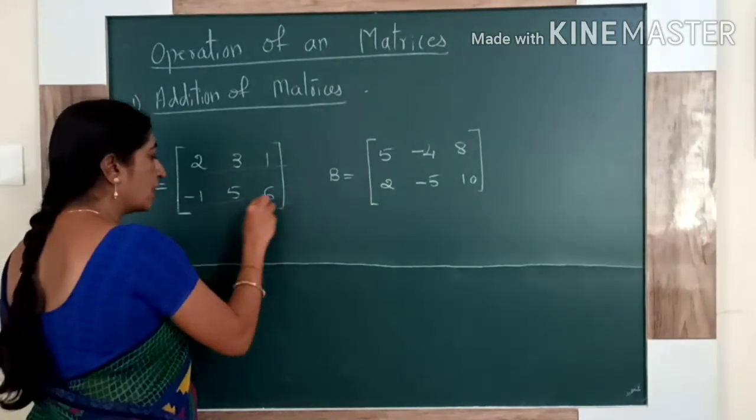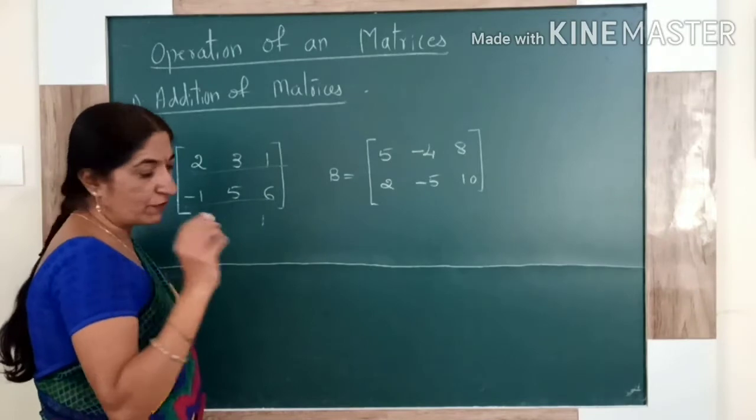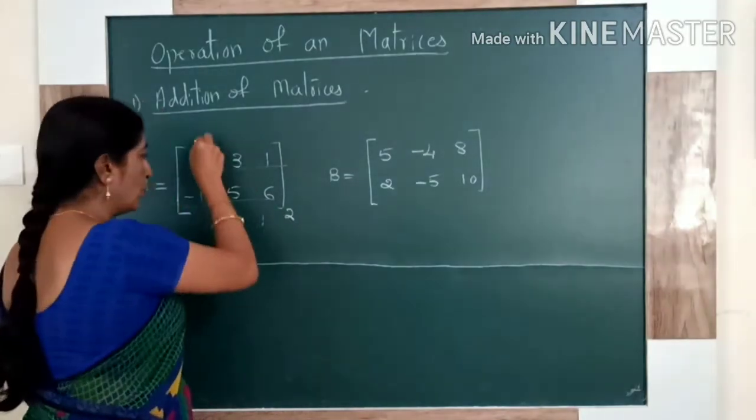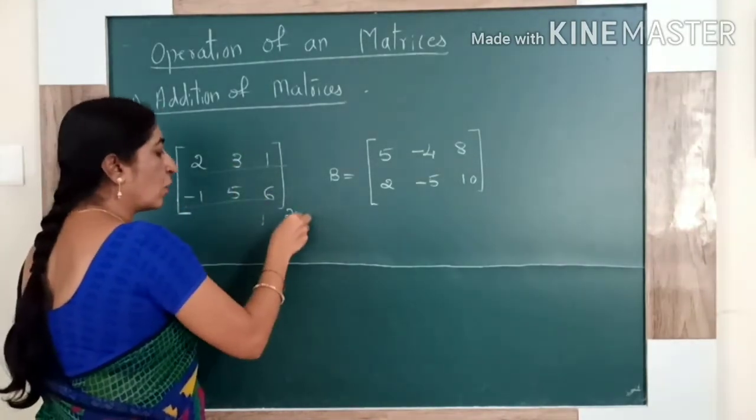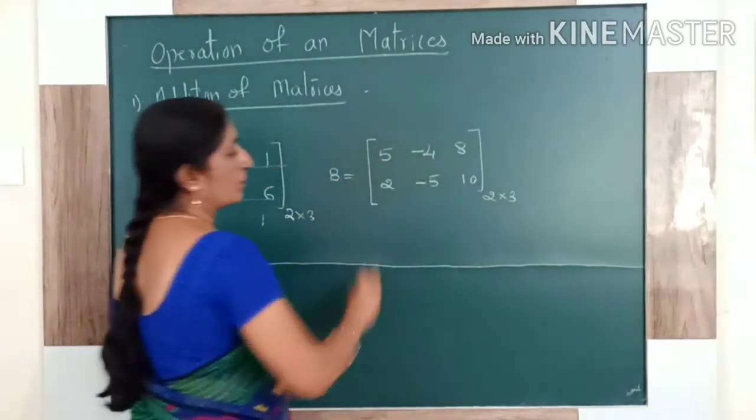How many rows are there? The horizontal lines we call rows. Already you are familiar. This is 2 rows and 3 columns. Here also it is 2 rows and 3 columns.